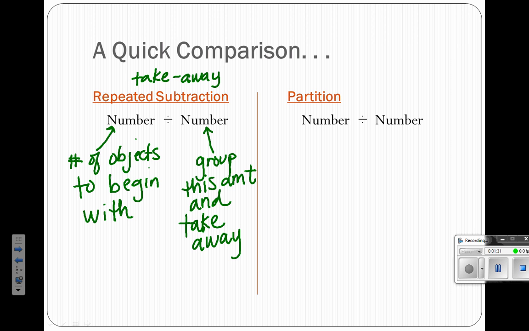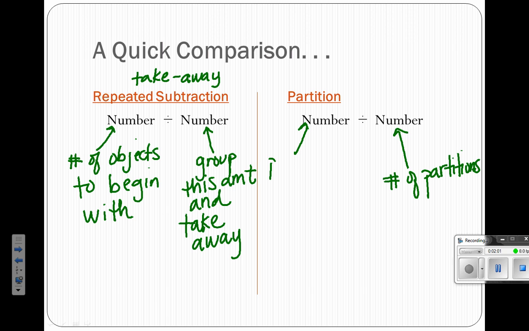Okay, when we're talking about partition, the number that you're going to start with is the second number, and this tells you the number of partitions you need. So whatever your second number is, that's how many partitions you're going to create. Then you're going to take the first number and divide out into each partition one at a time that many objects.